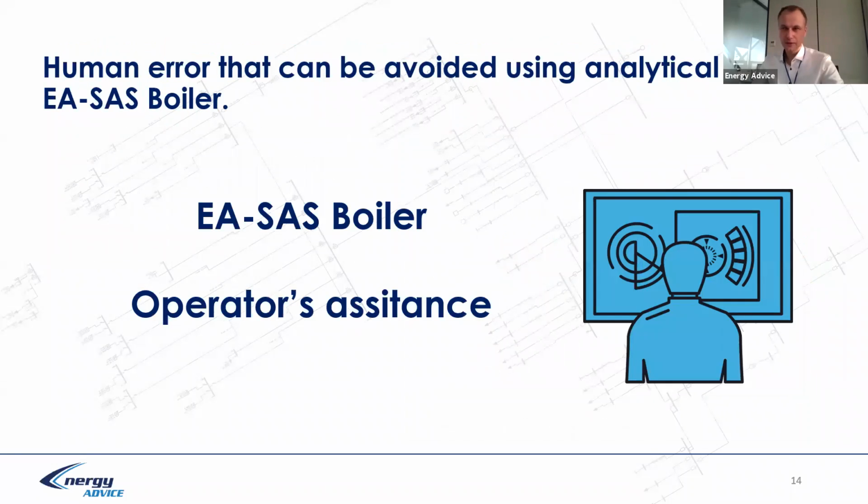So, human error that can be avoided using an analytical system. In fact, we say that the operator gets assistance through the EA-SAS Boiler IT solution, because in fact the operator is operating a boiler without a tool which could recommend something.